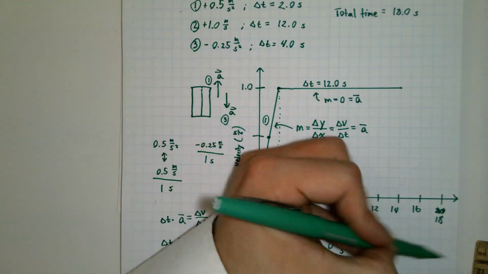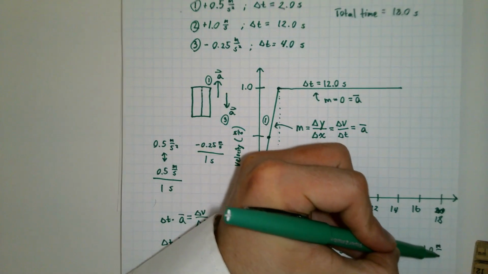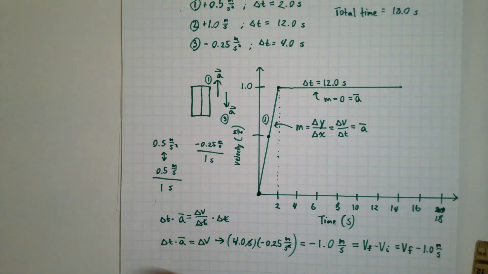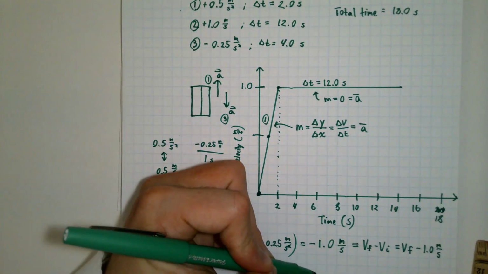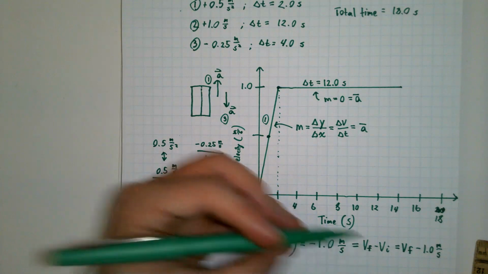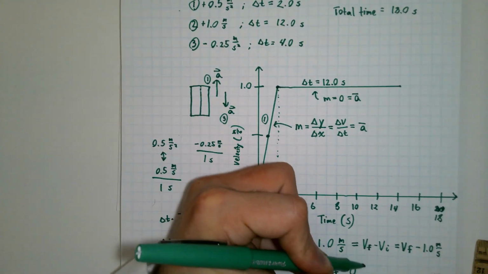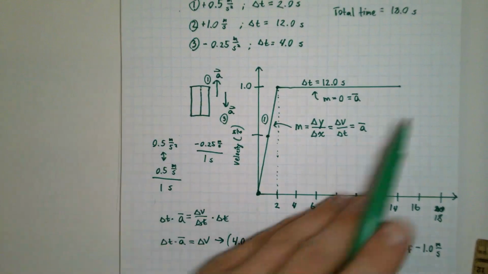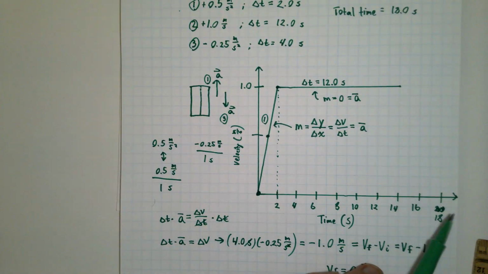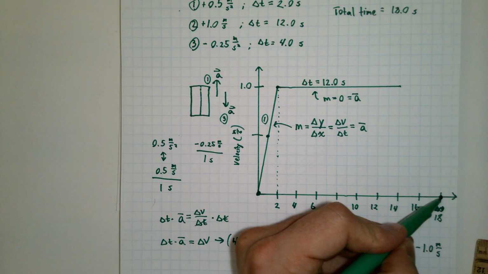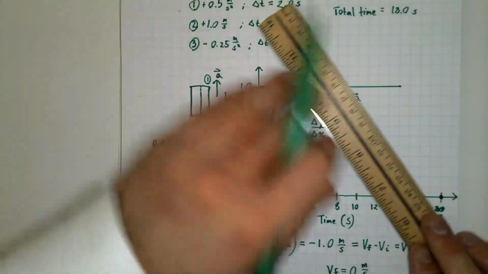It was 1.0 meters per second. I can solve this very simply and see that my final velocity must be 0 meters per second. So after 4 seconds of time passes, from 14 to 18 seconds, I end back up at 0 meters per second.